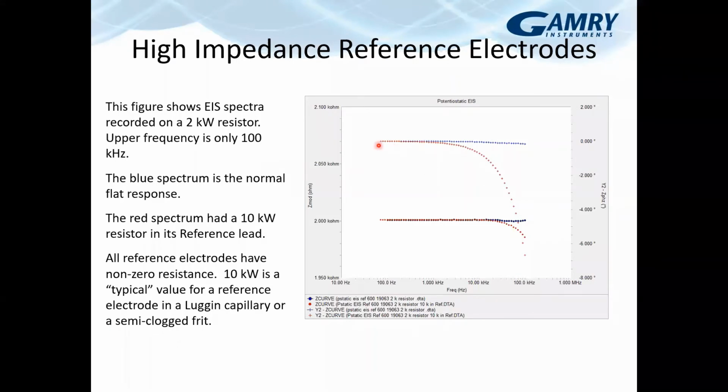Now we're not measuring that; when you move to the actual impedance modulus here, you see we're at 2 kiloohms. We are not measuring the 10 kiloohm resistor on the reference electrode. However, what it's doing is slowing down the voltage response on that reference electrode. And so as we move to higher and higher frequencies, that really starts to show up first as a deviation on the phase measurement.